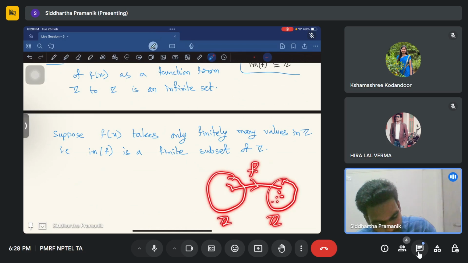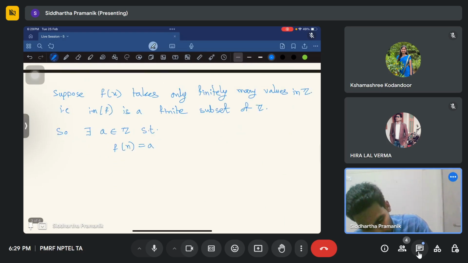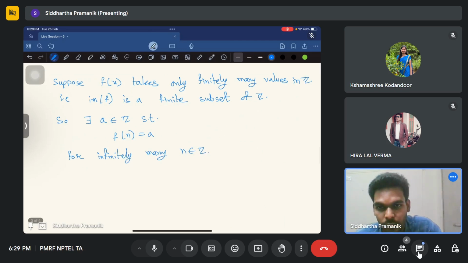So in the domain there must be infinitely many points which map to a single point, right? Means which have the same image. So there must exist a belongs to Z such that f(n) equals a for infinitely many n in Z. Okay, so that is the meaning.